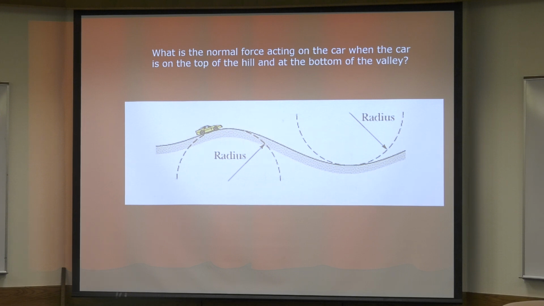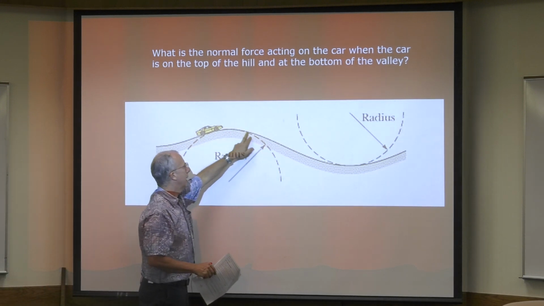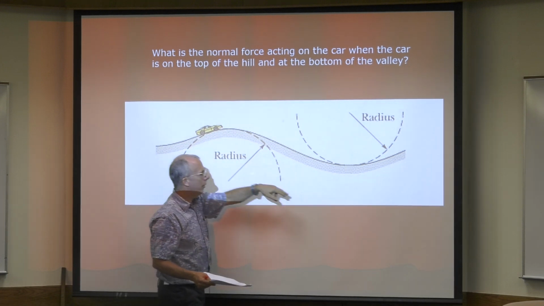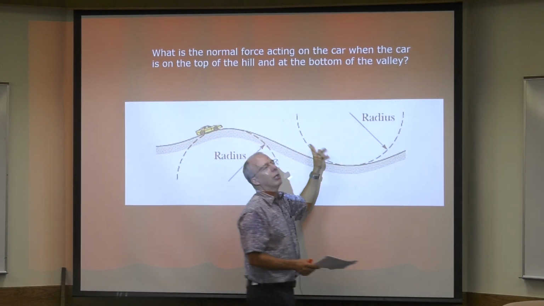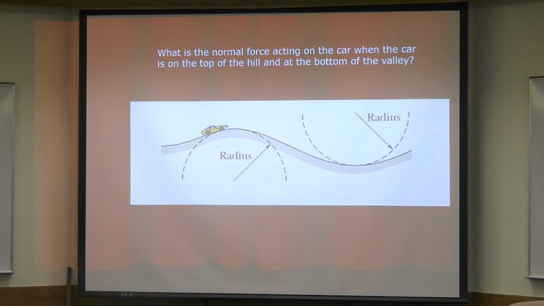Now, we have to make some approximations here. All we've been learning about is circular motion. So what are we going to say is true about the top of the hill? It's circular, all right? What are we going to say at the bottom of the valley? It's circular, okay? Because what else can we do? All we've been studying is circular motion.